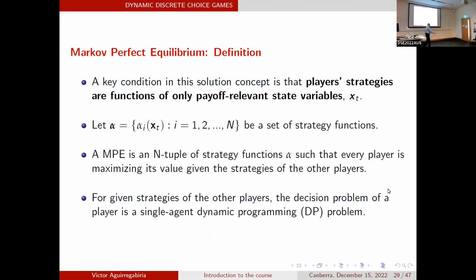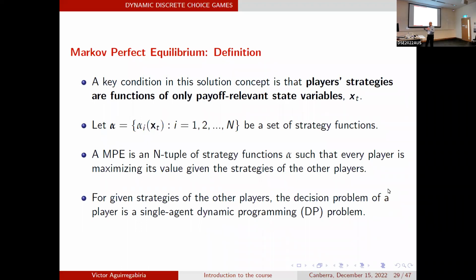In this literature, following the seminal papers by Maskin and Tirole, and later by Ericson and Pakes' paper that has been very influential in dynamic empirical I/O models, we use the concept of Markov perfect equilibrium, okay? The key condition that it imposes is that the players at every period use strategy functions that depend only on variables that are payoff relevant at that period.